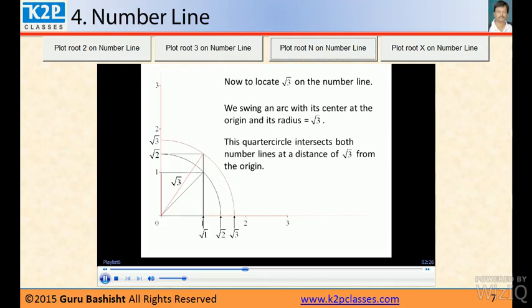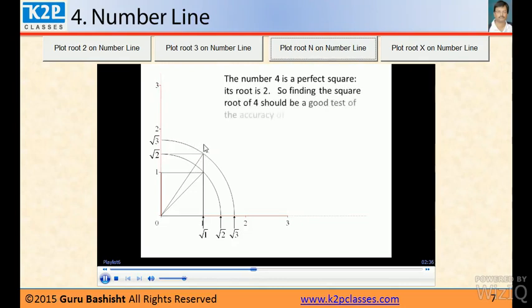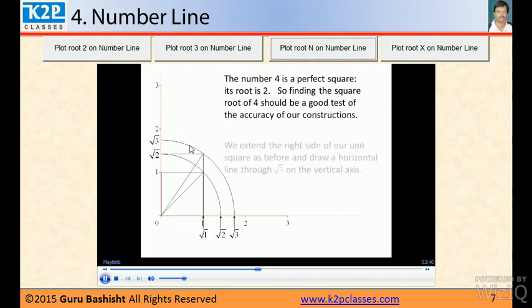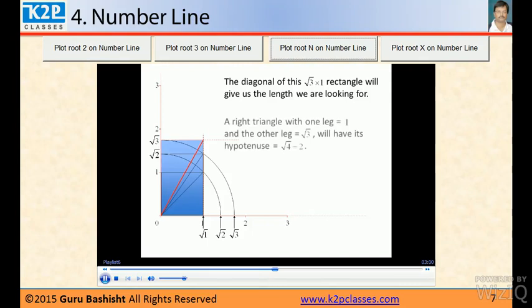Similarly, if we have to draw root 4, what will we do? We will take a rectangle like this, where one side is root 3 and the other is 1. The hypotenuse will be the square root of root 3 squared plus 1 squared, which is nothing but root 4, and root 4 is 2, right?